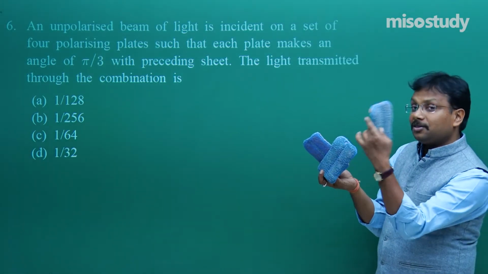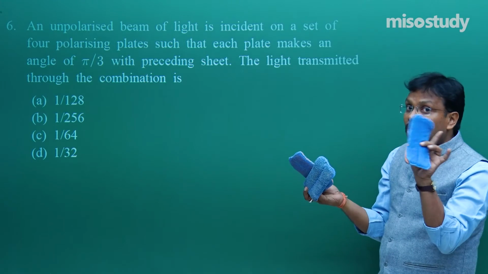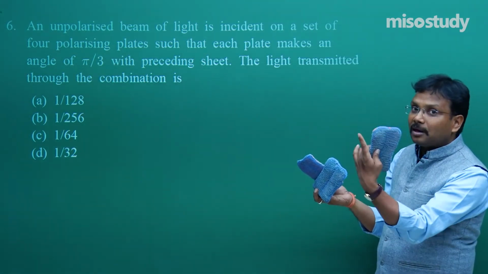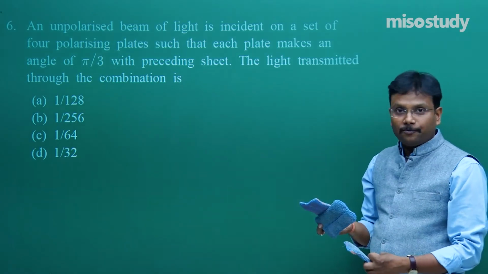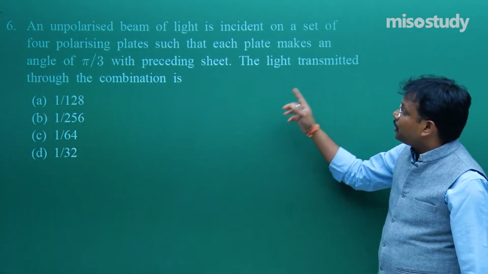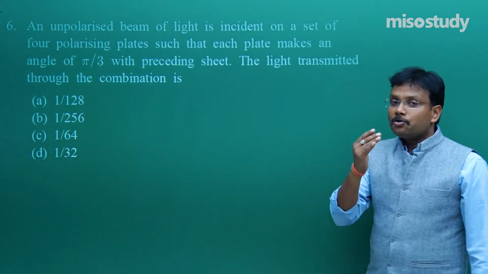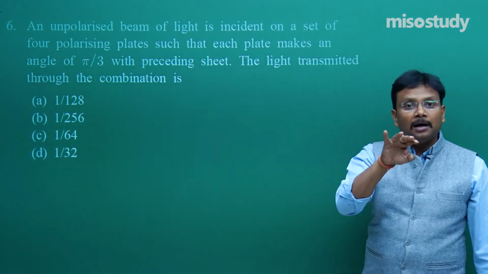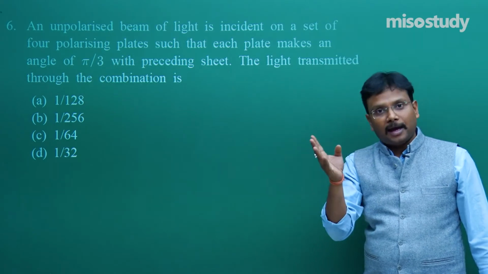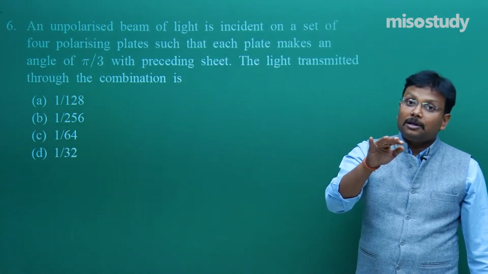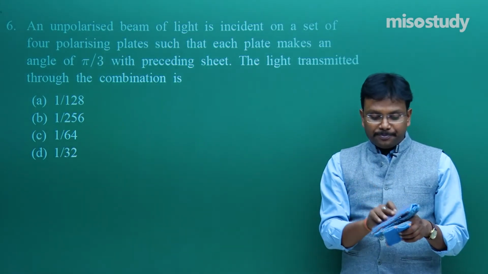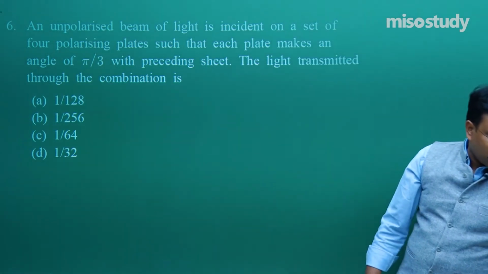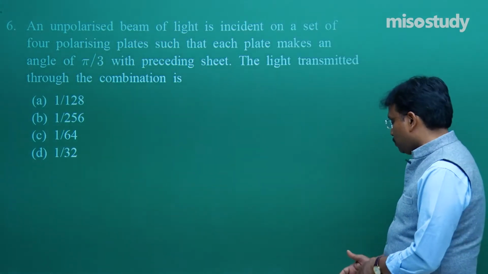So the angle between the third and first is not pi by 3, that is a different angle, and the fourth makes angle pi by 3 with the third, fine, very clearly mentioned with the preceding sheet. So second at pi by 3 with first, third at pi by 3 with second, fourth at pi by 3 with third. Keep this simple aspect in your mind, fine. Now with this we are starting our discussion.